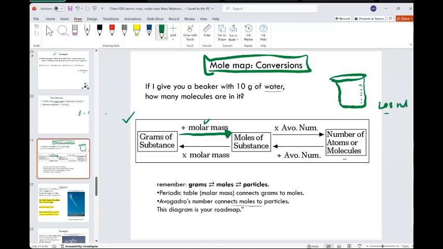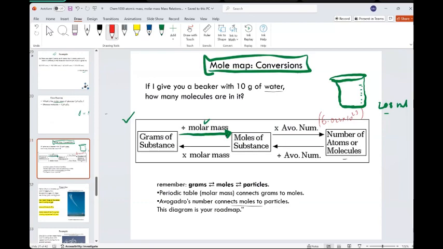And then you want to find further number of molecules or atoms from the substance. You just multiply with Avogadro number. That's 6.022 times 10 to the power 23. That's Avogadro number. Okay. Now the other way around.